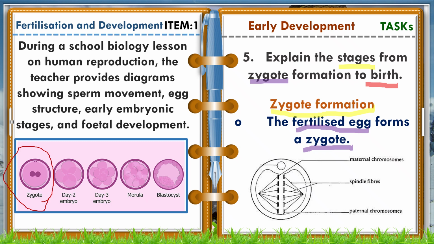And when you come this side, you are going to see that we are having the nucleus, which is the maternal, had these chromosomes, and the paternal chromosomes, which came with the nucleus of the sperm. They align themselves on the spindle, and thereby they form what we call a zygote.